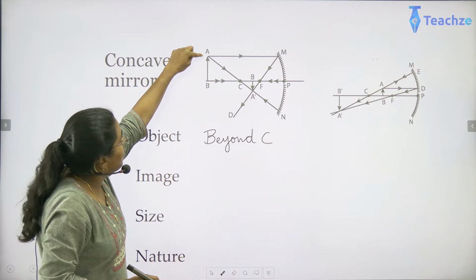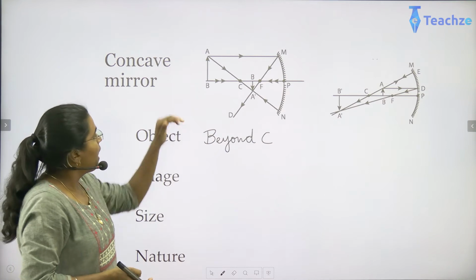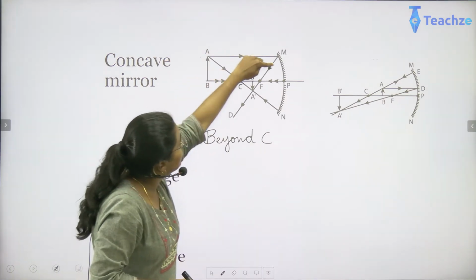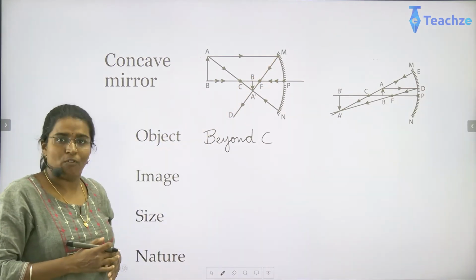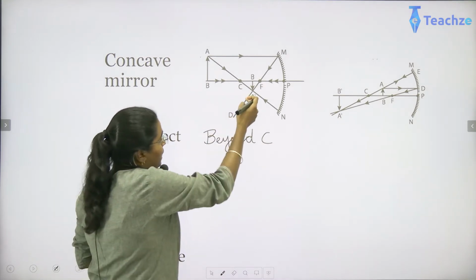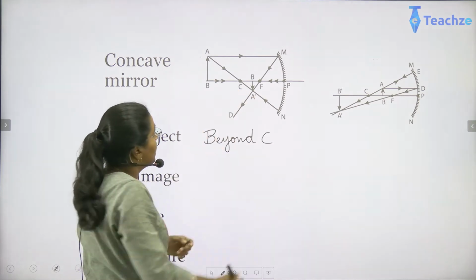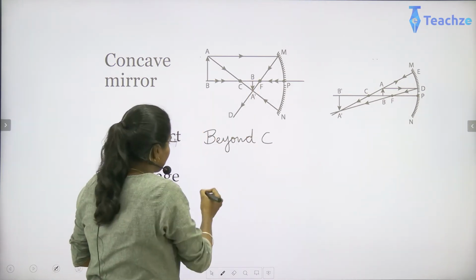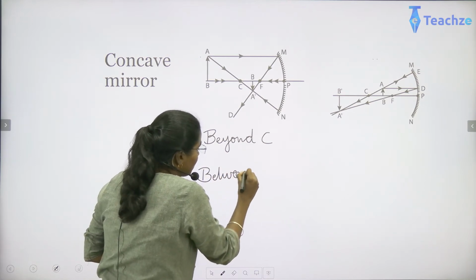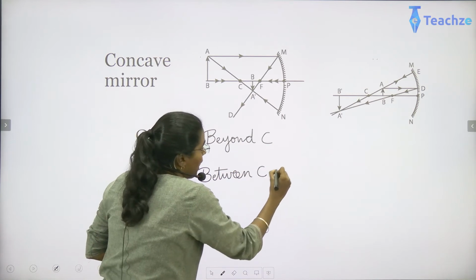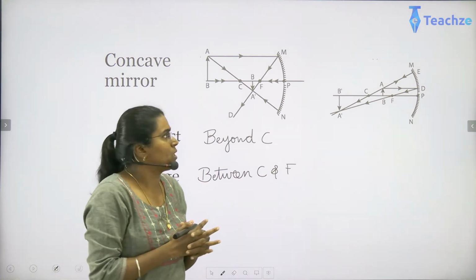One ray passing through the center of curvature will go back again, and there is one ray parallel to the principal axis, which will come through the principal focus F. When they both meet, they meet between F and C. My image will be A dash B dash, formed between C and F, between my center of curvature and principal focus.